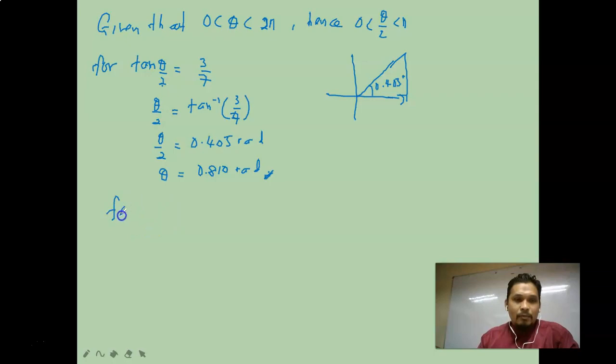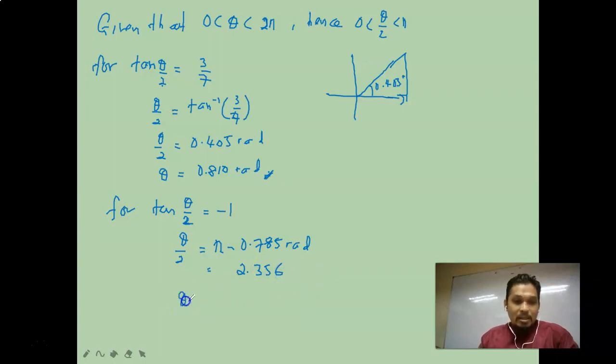And then for tangent theta over 2 equals negative 1, so then theta over 2 equals arctangent of negative 1 equals pi minus 0.785 radian, or it is 2.356 radian.